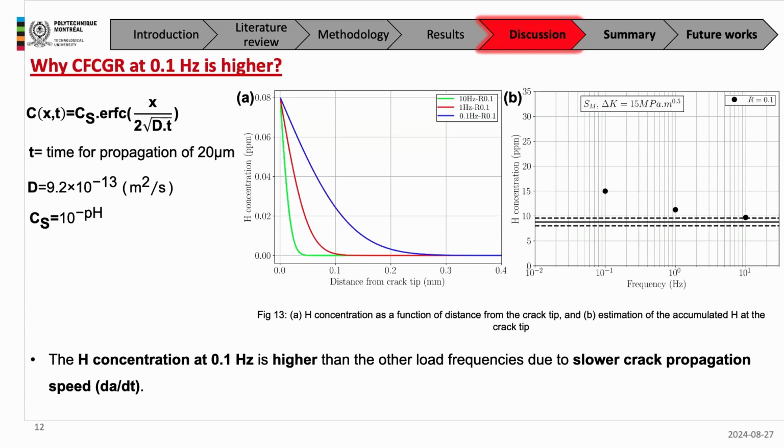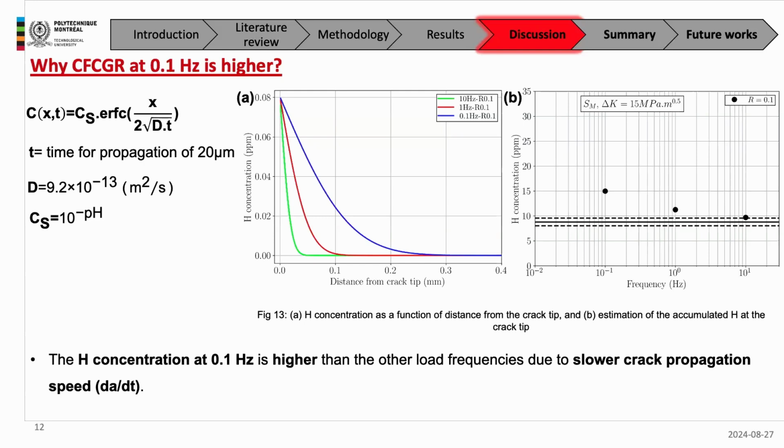We have also calculated the accumulated hydrogen at the tip of the crack at each loading frequency. What we have observed is that more hydrogen is accumulated at 0.1 hertz compared to the other loading frequencies, and it was higher than the hydrogen that inherently exists in the bulk material. This is because at 0.1 hertz, the crack growth speed is slower in terms of dA over dt, not dA over dN.